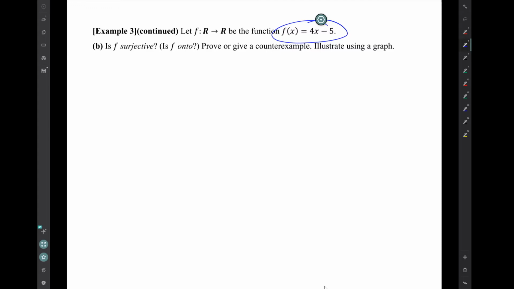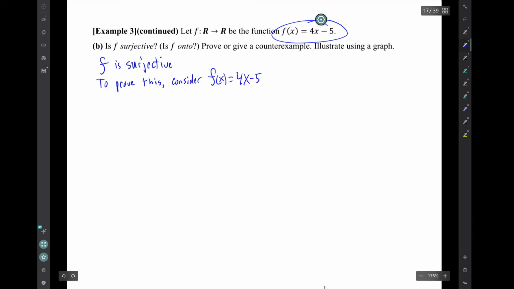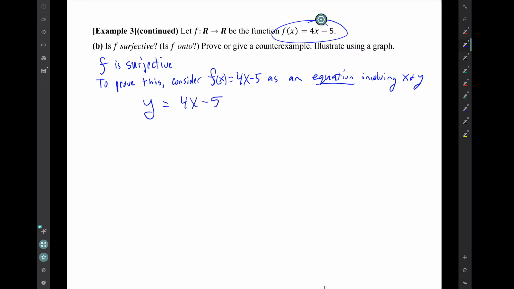Well, one thing that we can do is start by considering the function f of x equals 4x minus 5 as an equation involving x and y. So there's our equation involving x and y. Notice that it's solved for y in terms of x.